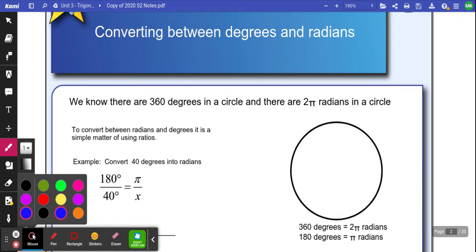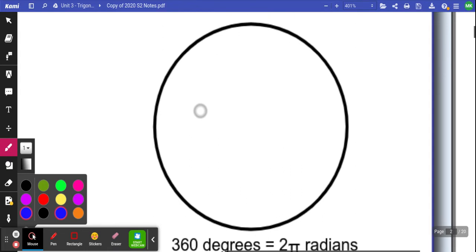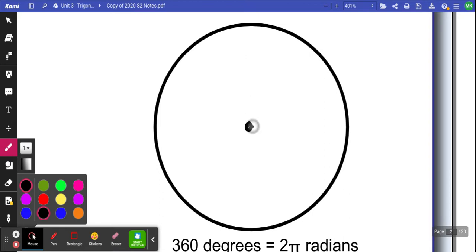Let's calculate. We're going to take radians and degrees and switch back and forth. Perfect. To be able to do this, we're going to look at a circle, and there are a couple points that we know on a circle that are important. If you start at the middle of the circle and go straight over to the right, we're going to call that 0 degrees. Perfect.